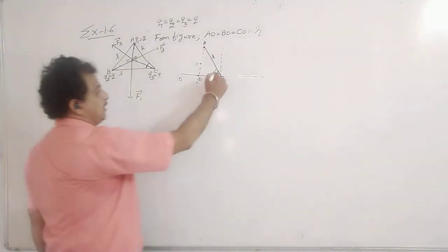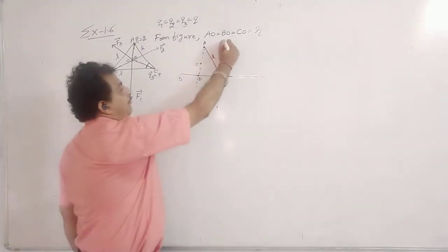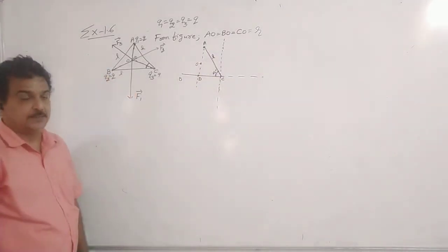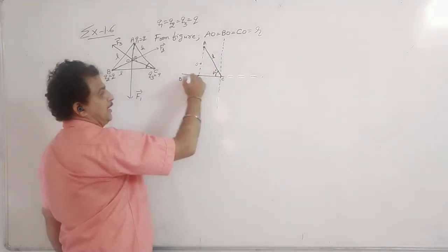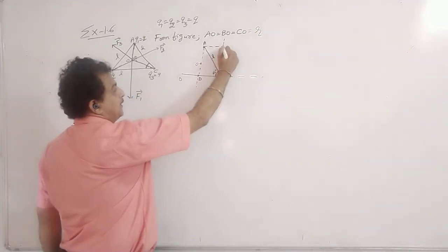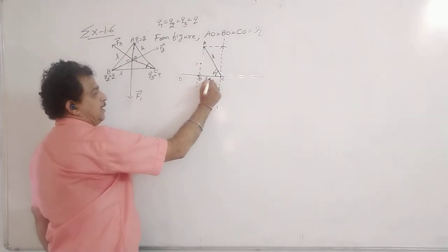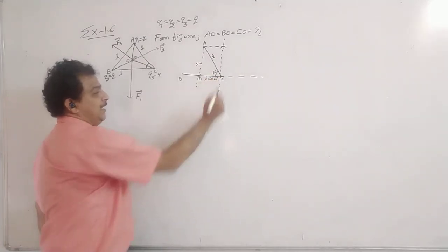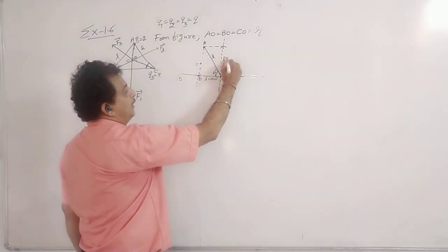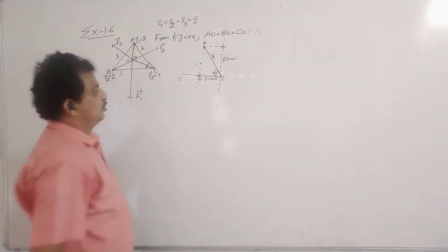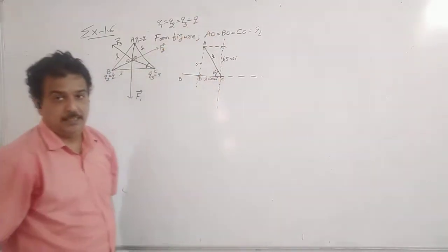Now this angle is 60. If this is the length of the side of the triangle, I will resolve it into two components. Since I have taken this angle as 60, I drop a perpendicular on this axis and another perpendicular on this axis. We know it makes an angle of 60, so this will be L cos 60 degrees, and similarly the other perpendicular component will be L sin 60 degrees. So AD will be equal to L sin 60.